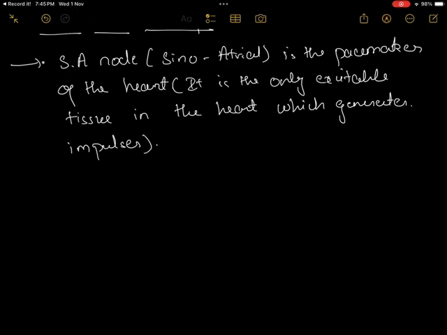Today we'll be discussing what if there is a blockage found in the sinoatrial node, and we'll discuss thoroughly about it in the aspect of ECG, what you call electrocardiogram. So we'll also look into the recording of ECG whenever there is a sinoatrial blockage in the heart.